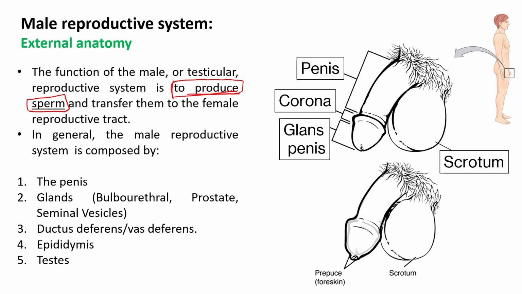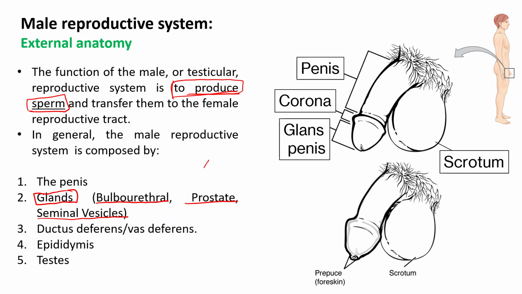And in general, the male reproductive system is composed of organs, but also of glands. So the three major glands that we're going to talk about in this class are the bulbourethral glands or Cowper's glands, the prostate gland, and the seminal vesicles.